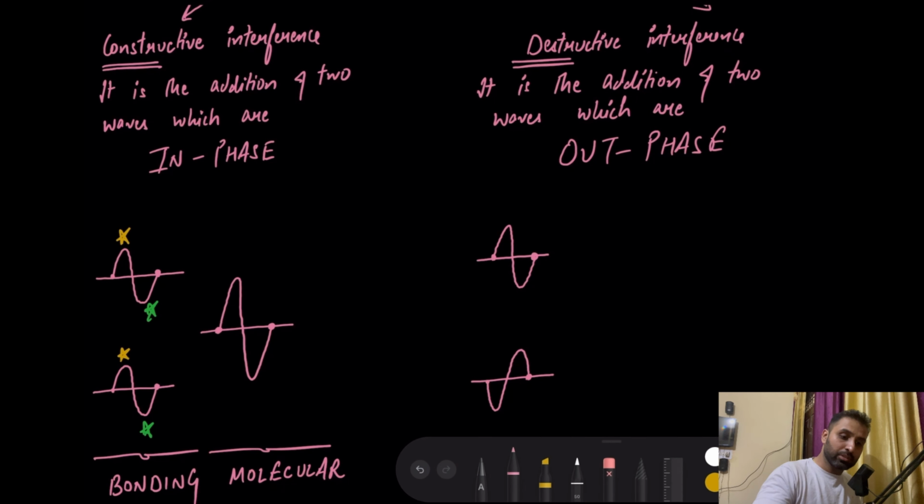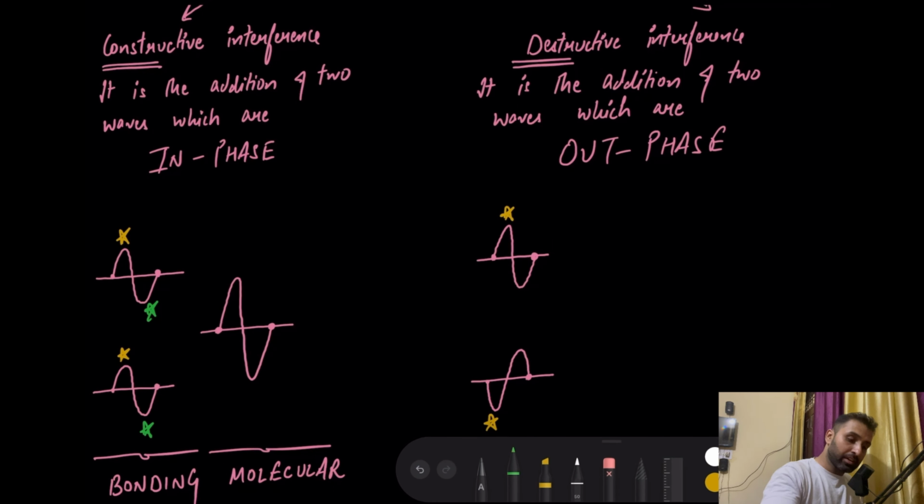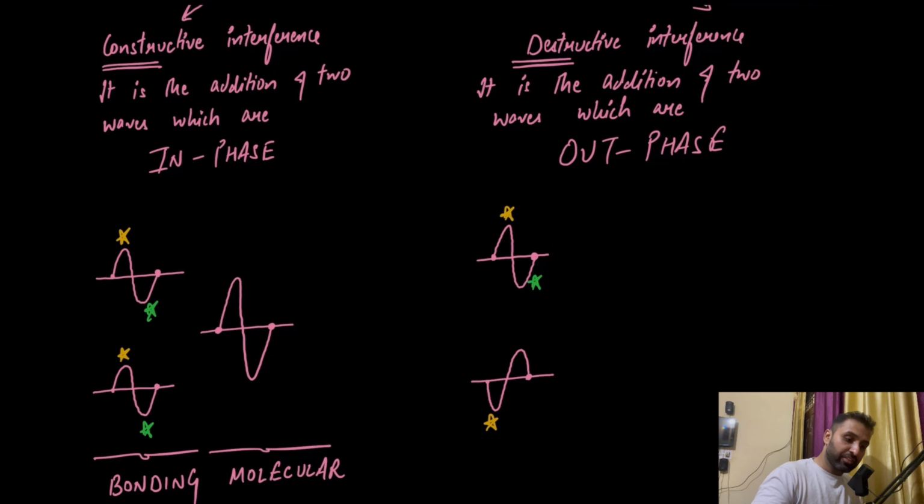Here you can observe that the crest of the first wave is overlapping with the trough of the second wave, and the trough of the first wave is overlapping with the crest of the second wave.